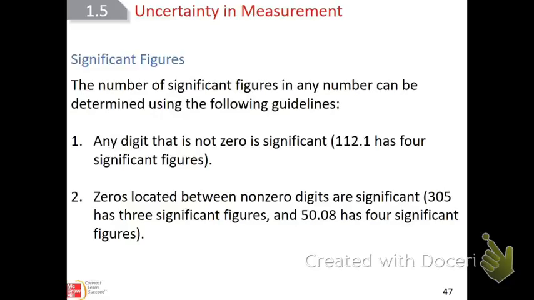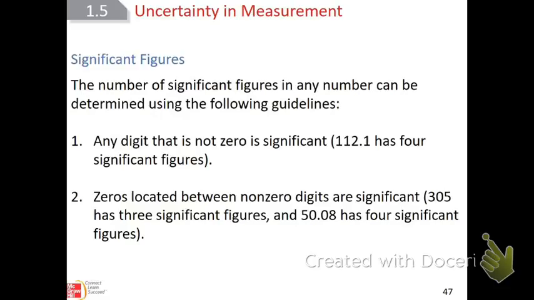Okay? The other time is zeros at the very end. Zeros at the very end of a number also give students difficulties, and they are the ones that are the ifs. If there is a decimal anywhere in that number, then yes, zeros at the end count.